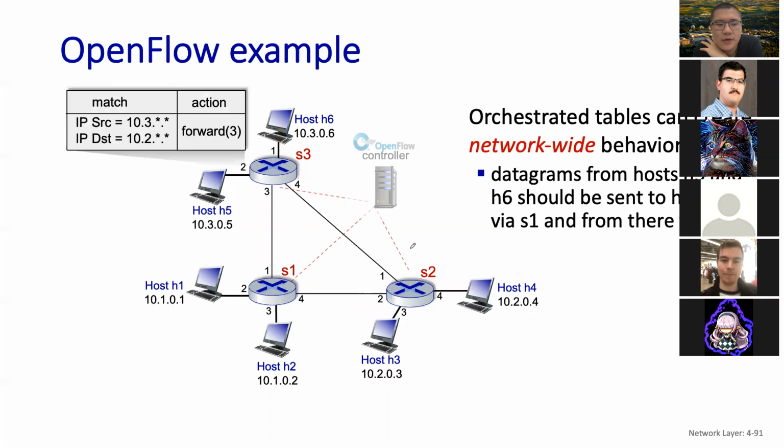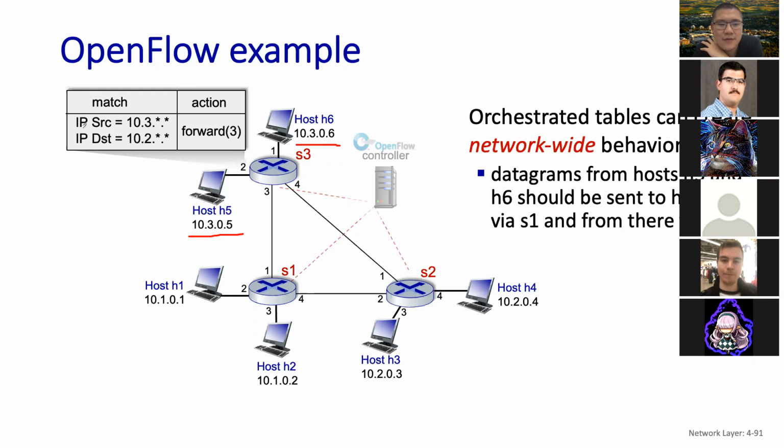So for example, let's say from H5, right? This is H5, the destination is 10.3.0.5, and H6 is 10.3.0.6, okay? Other than these two IP addresses, all of the other IP addresses are 10.1, 10.2.